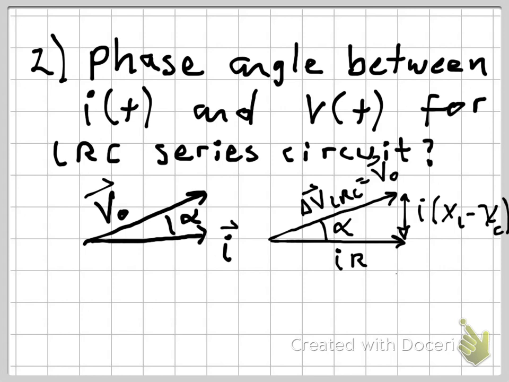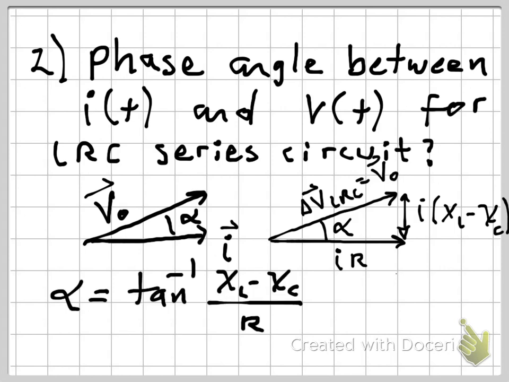So clearly the tangent of the angle is the opposite divided by the adjacent. So the angle is going to be the inverse tangent of the opposite side, which is XL minus XC. We can cancel I because there's I in all components. So XL minus XC divided by the adjacent, which is the resistance of the resistor.